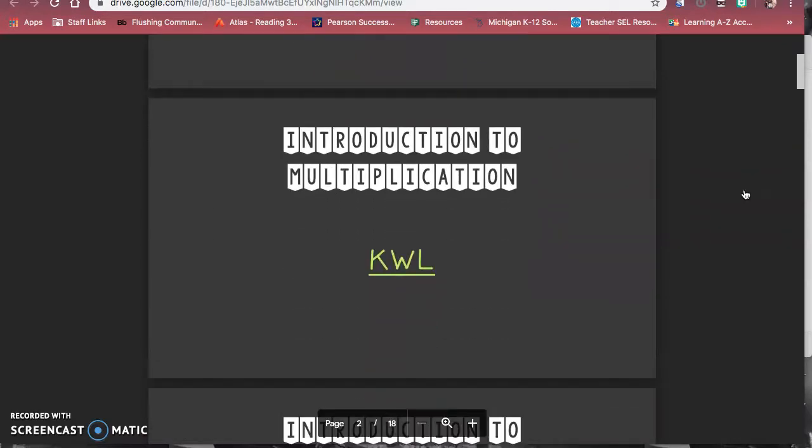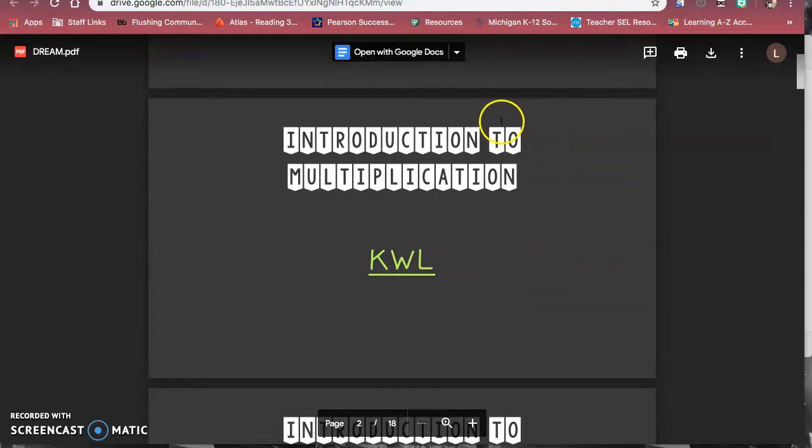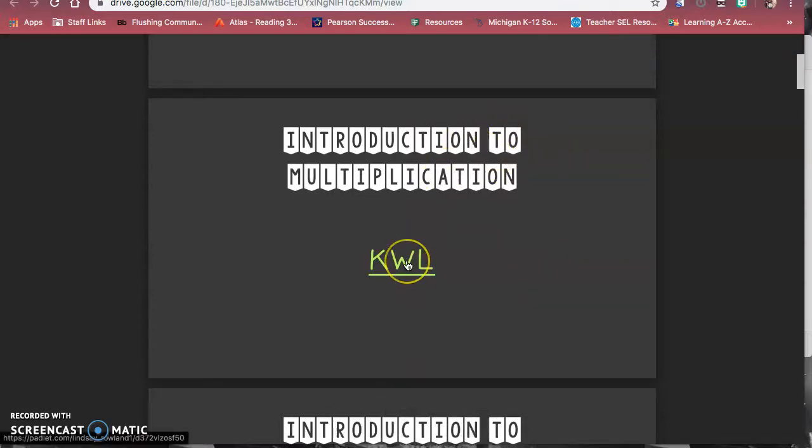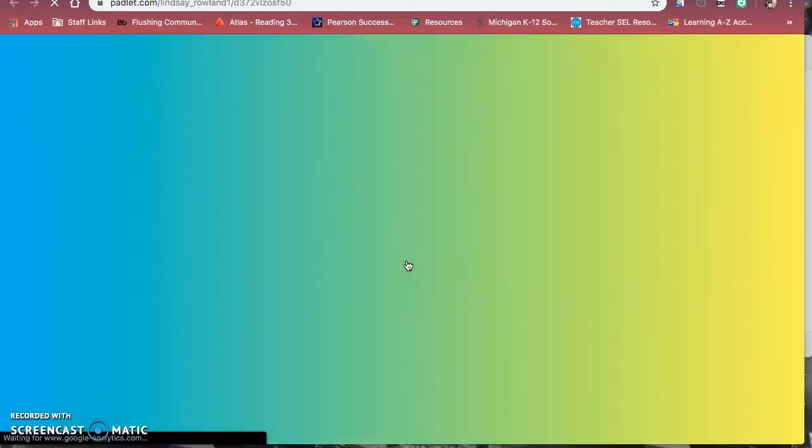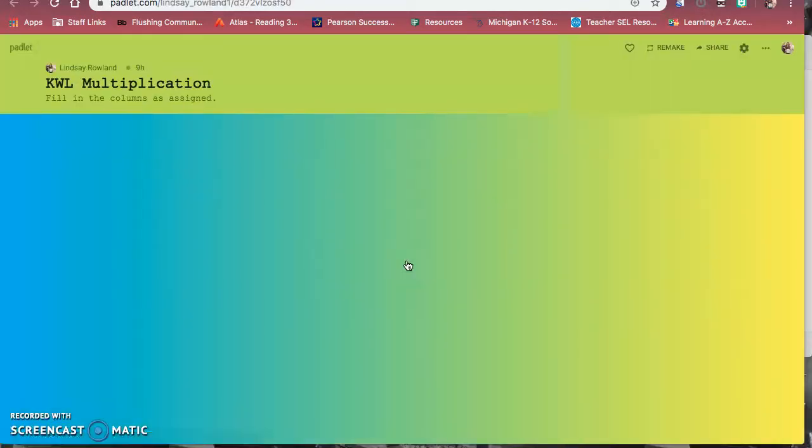So we begin with the first day, day one, students. This will be on their Chromebook, so as I'm doing it up front, they have it on their Chromebooks. They access through Google Classroom, which they use often. So they begin with going to our classroom Padlet, the KWL chart, and they will fill in the columns.